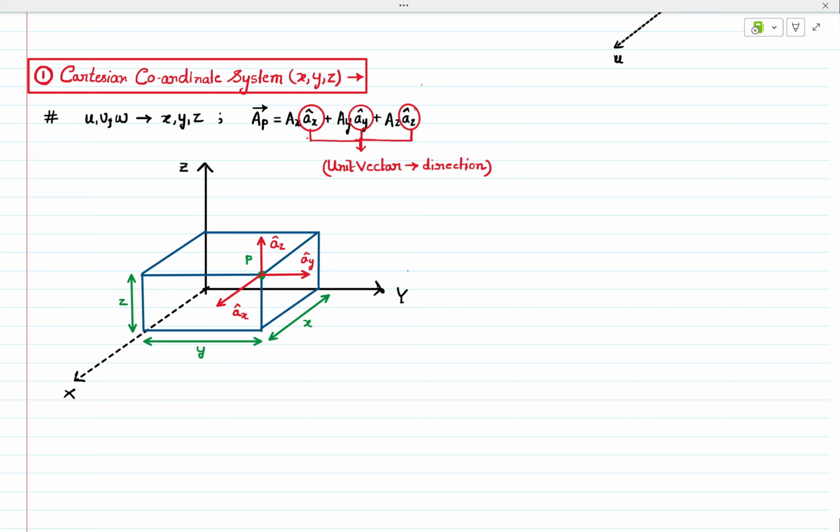So ax, ay, and az give the direction for the point vector AP, as I have shown you over here.